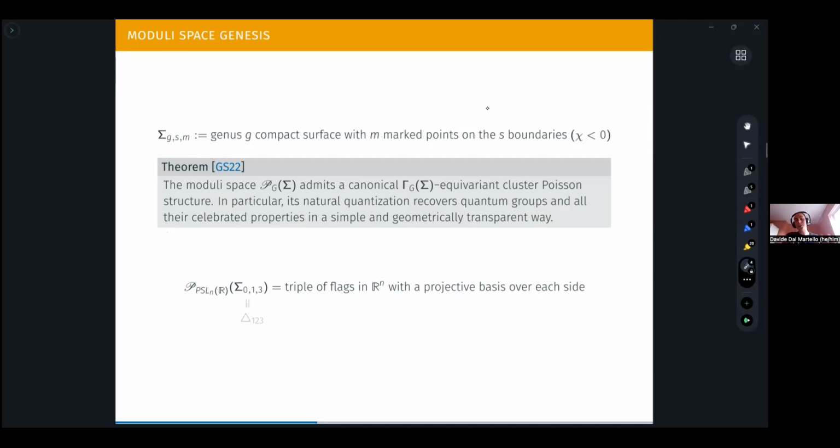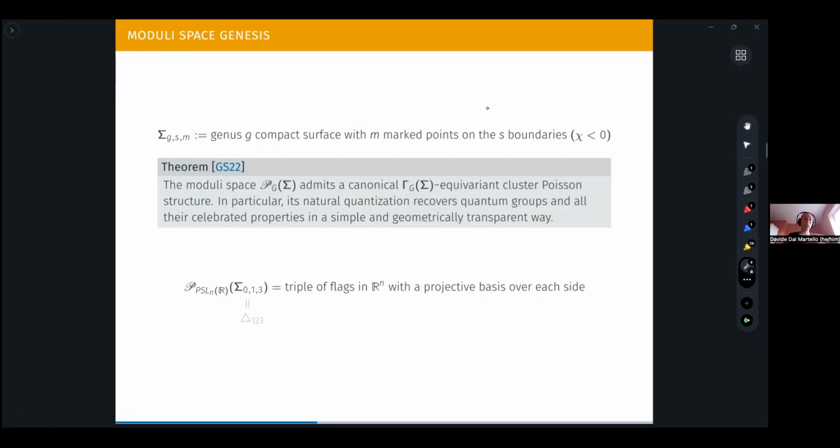At the heart of the whole construction is a moduli space. This moduli space depends on the choice of the surface, and also a certain symmetry is parameterized by a single group structure. This moduli space is, first and foremost, a variety. And not only a variety, but a Poisson variety and a cluster variety at the same time.